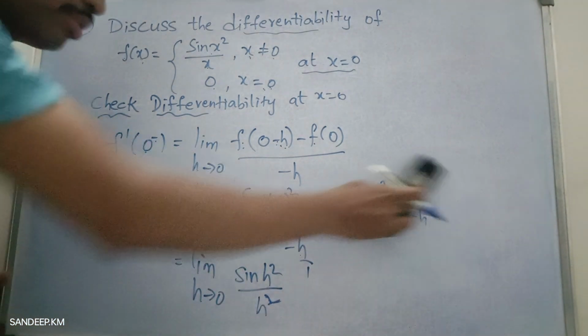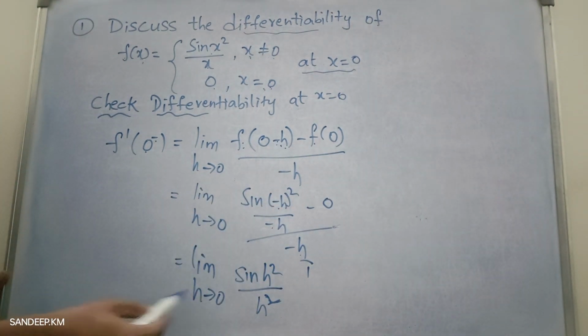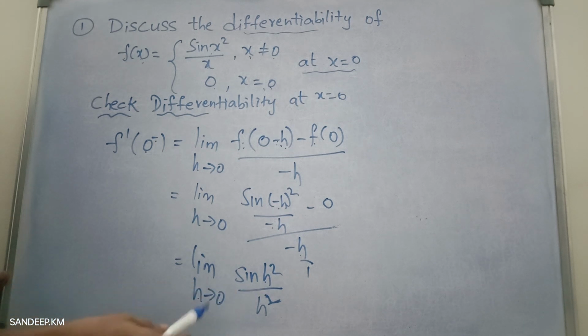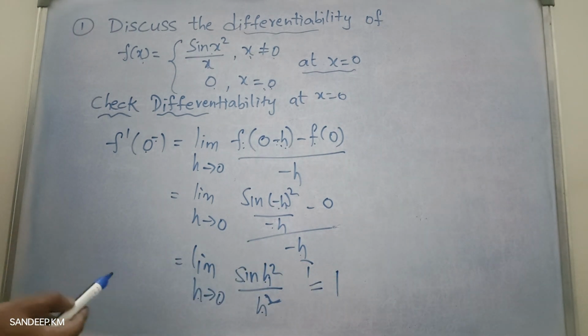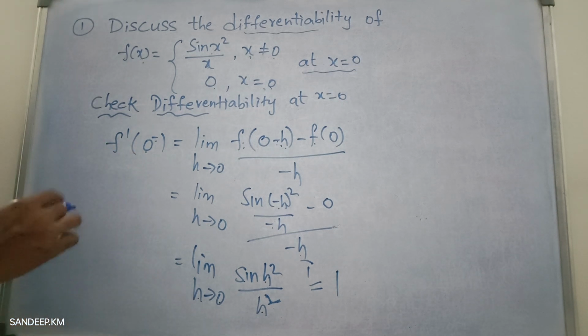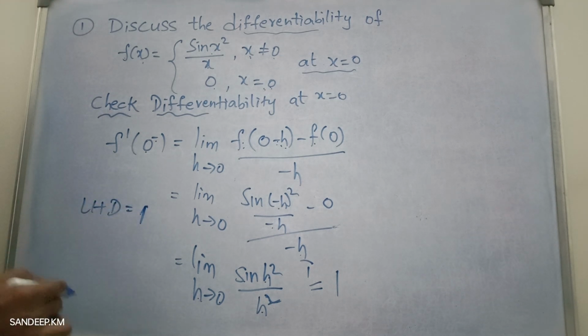And from the concept of limits, we know that when h is approaching 0, h square is also approaching 0. So sin h square by h square is taking the value of 1. So the left hand differentiability LHD value, dear students, is 1.